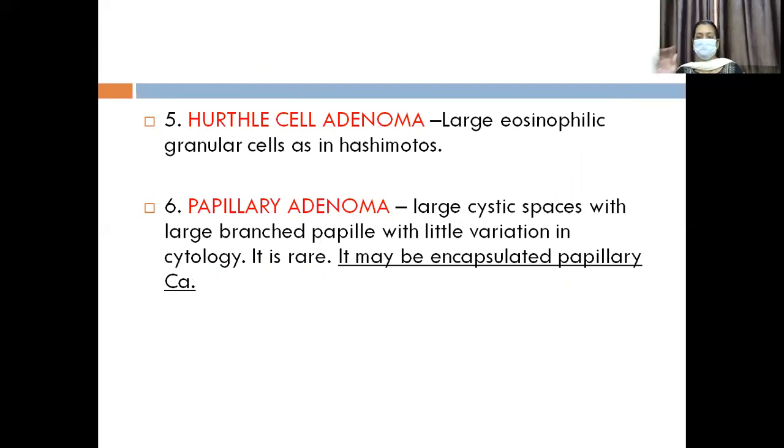Papillary adenoma, very rarely seen, is having large papillae, and it has to be differentiated from the papillary carcinoma encapsulated variant, wherein there is capsule formation clearly, but still you see the nuclear features of the papillary thyroid follicular cells being abnormal.